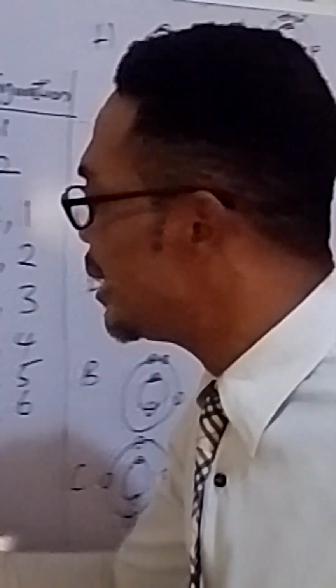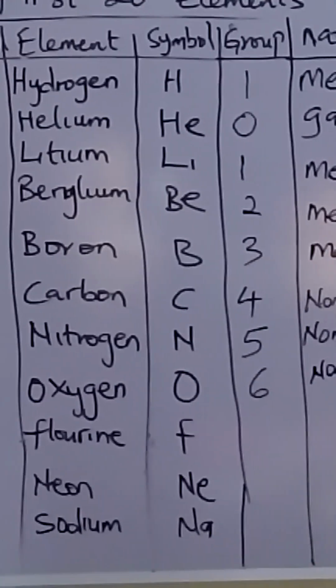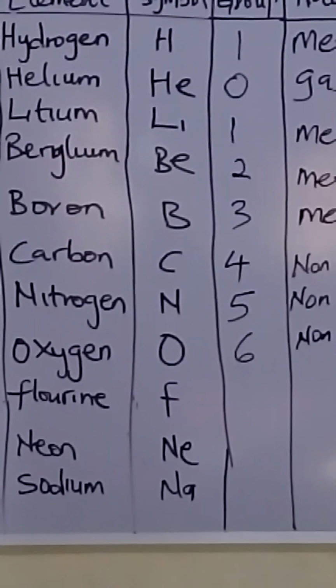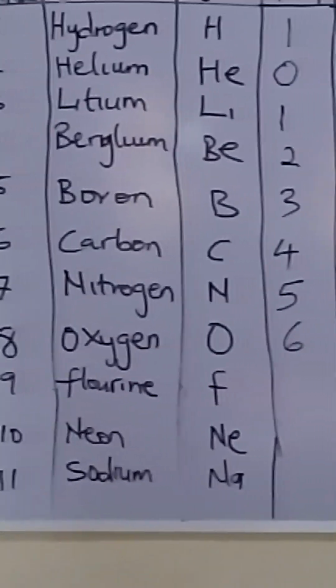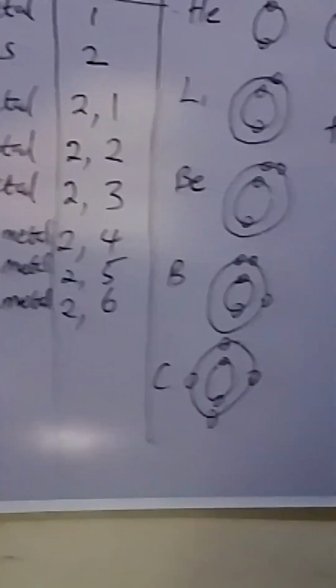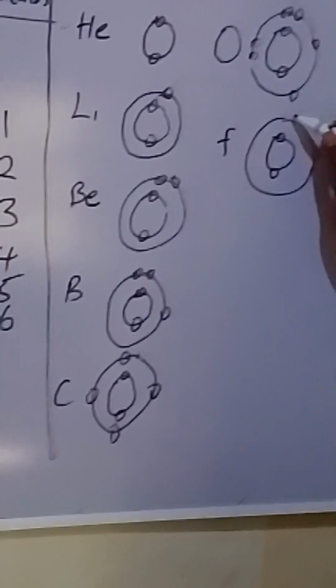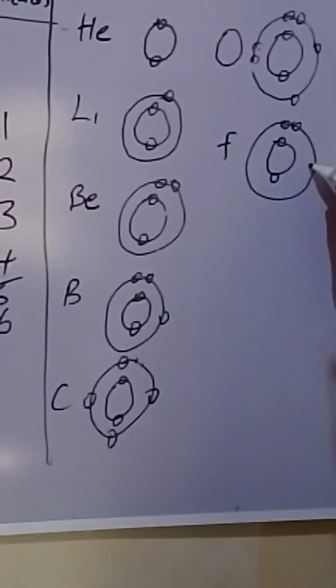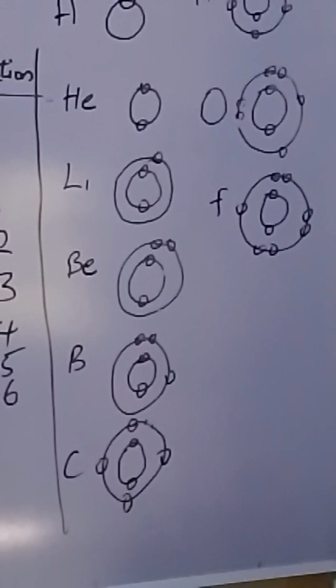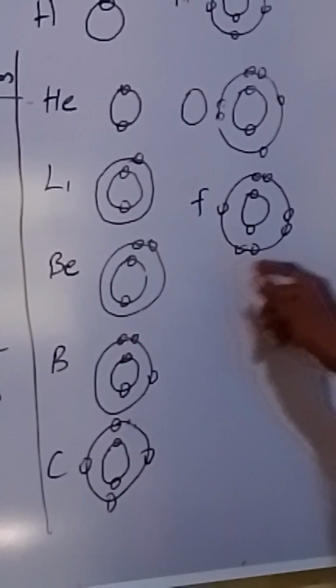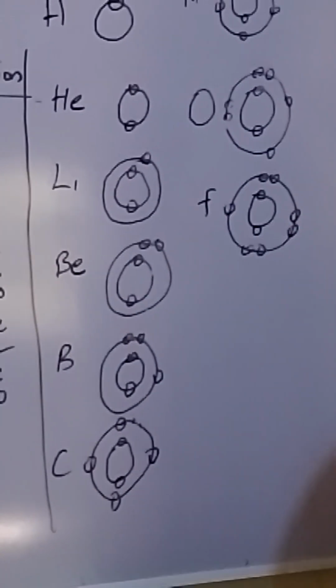We go to fluorine. Fluorine, F. So since the atomic number is 9, it means 1, 2, remaining 2, 4, 6, 7. So if you count all together, you have 7 plus 2, which is 9.